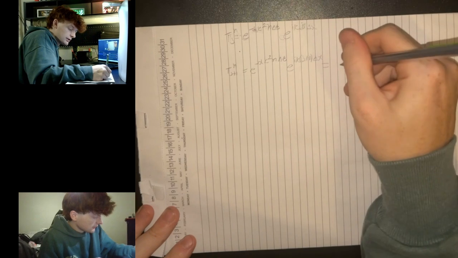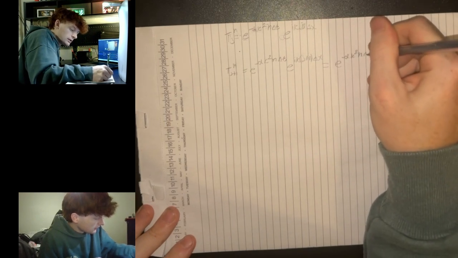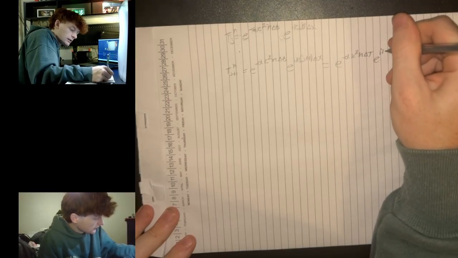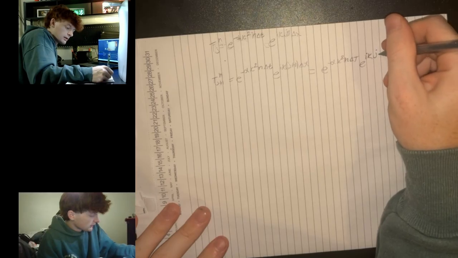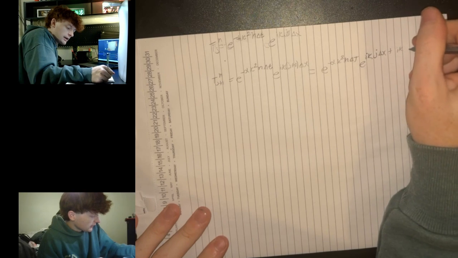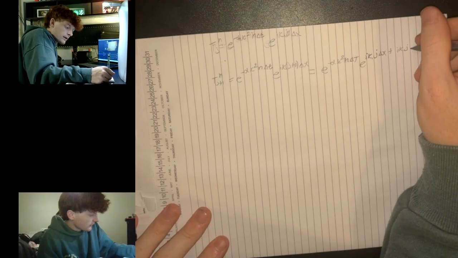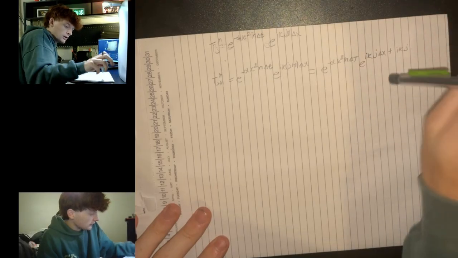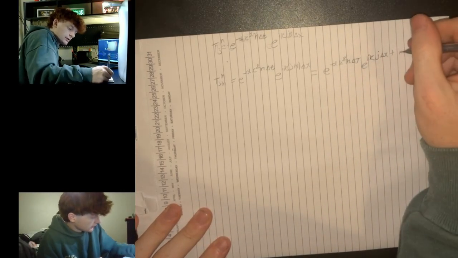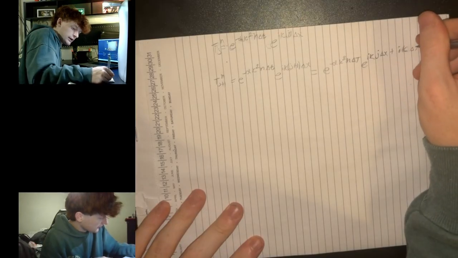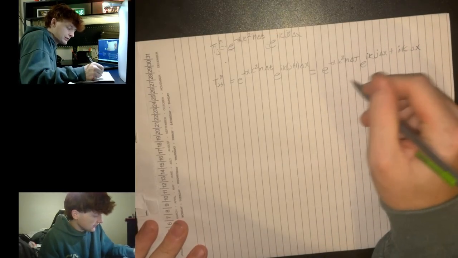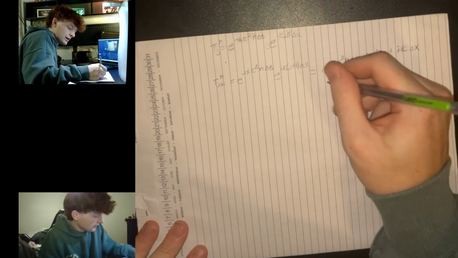So we can go ahead and distribute this out, and we'll get e to the negative diffusivity k squared n change in t, e to the i k j delta x, and then plus i k delta x. Okay, so right here we can see that this is equal to T_{j+1}^n right here.